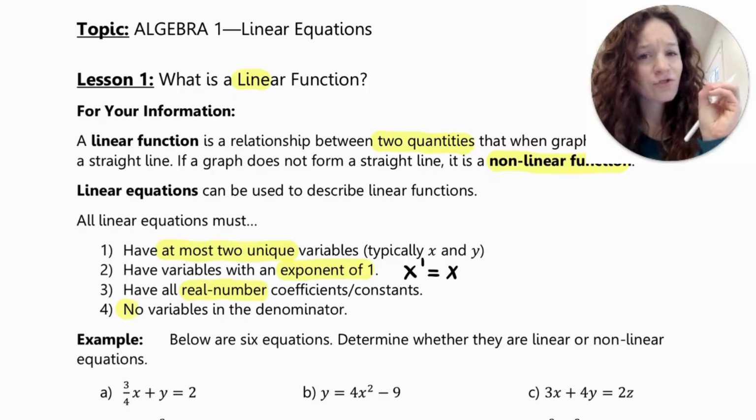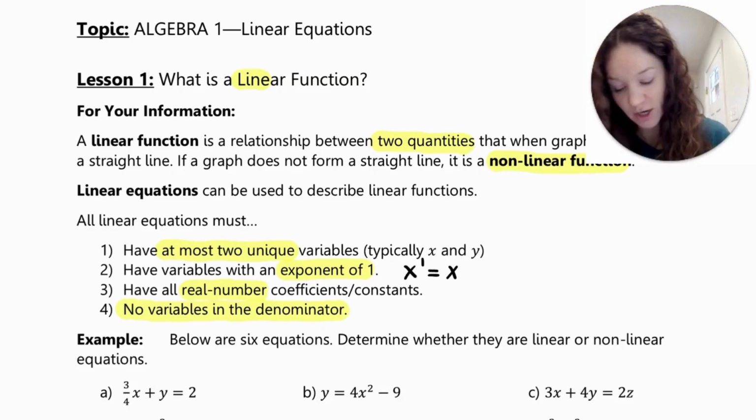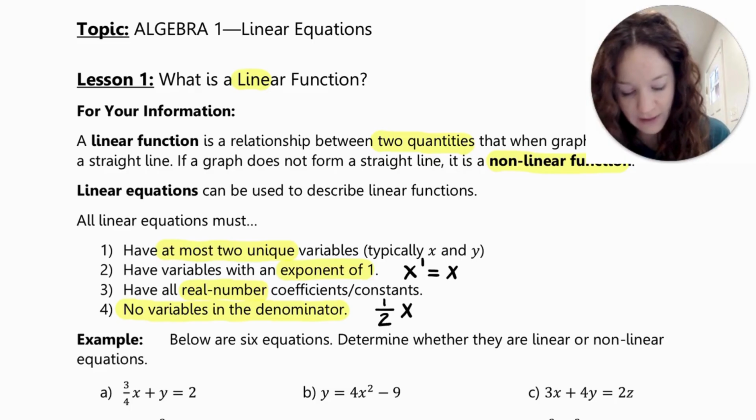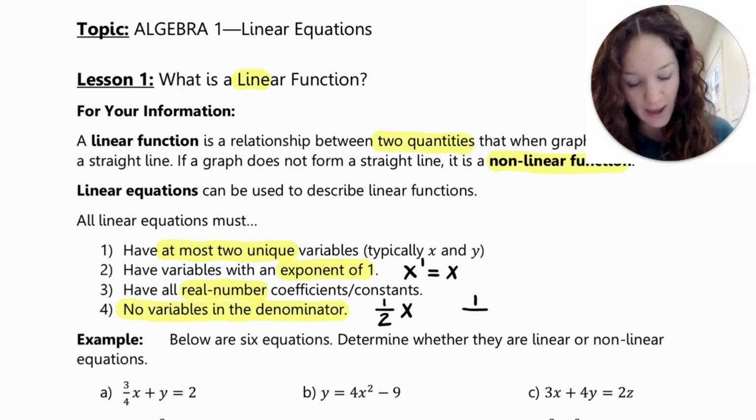And the last trick I look at is that something that would represent a linear function has no variables in the denominator, meaning you might see this 1/2 times x, just because there's a fraction, that's okay, but you won't see this 1 over 2x.